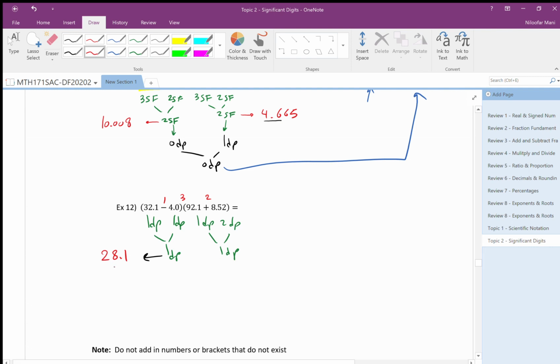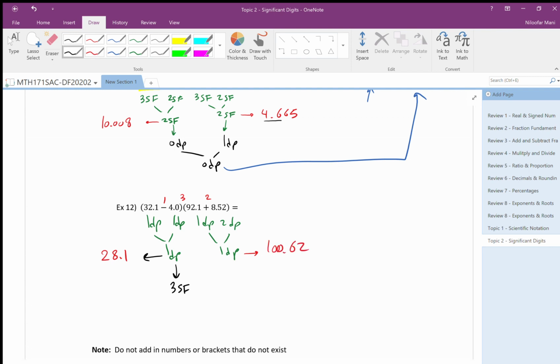One decimal place. So yes, that's just three significant figure. So how about the other one decimal place? I just find the answer. So it is 100.62.